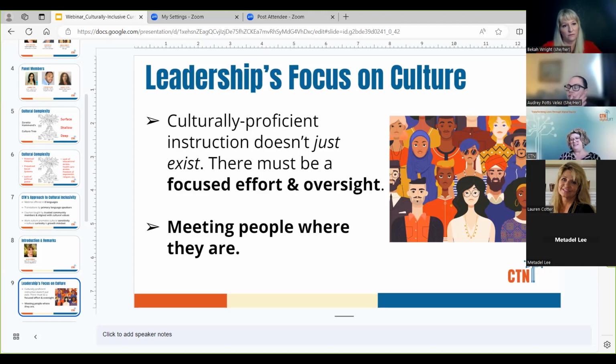So we must go into all of our interactions with our clients open to learning about them and about what their true needs are so that we can best assist them and ultimately empower them to successfully use the internet, achieve connectivity, and to do so in a dignified and respectful manner.